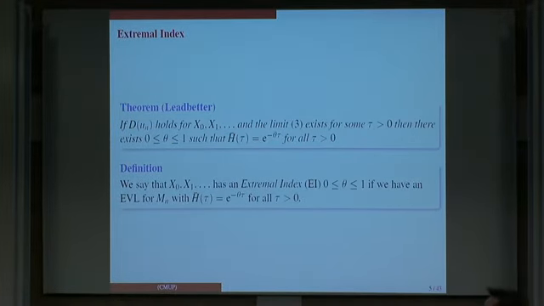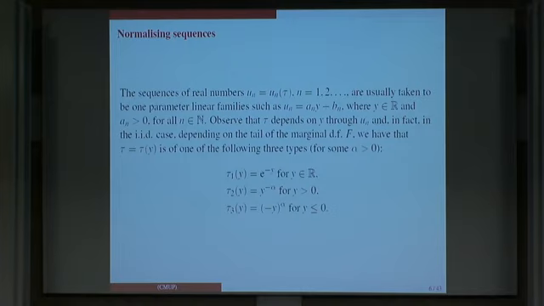Now this is just a comment about people who work on probability theory, who usually know the classical types theorem for extreme values, which essentially asserts that there are only 3 types of distributions that one can observe when the normalizing sequences are linear.